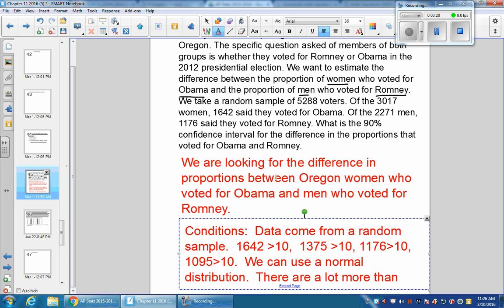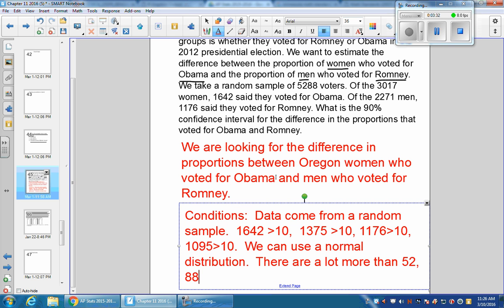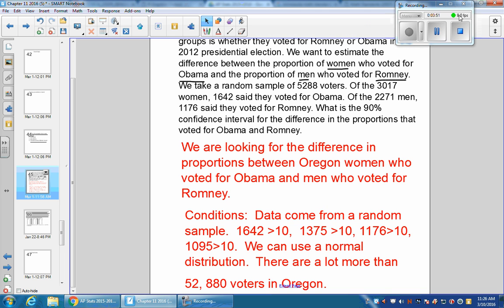So that's 52,880 voters in Oregon. All right, so we have that one figured out. So now we just have to do the calculations, which we already did on a previous page.